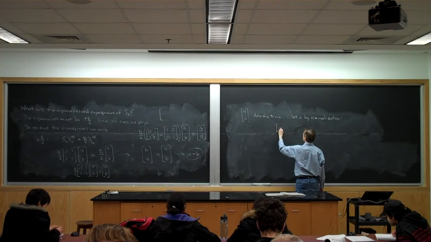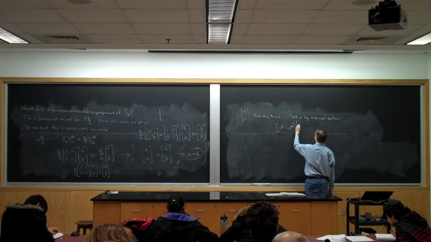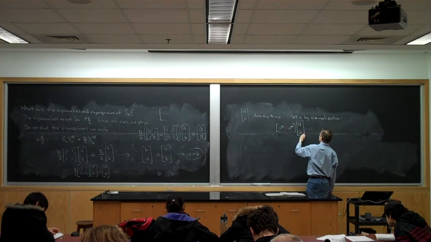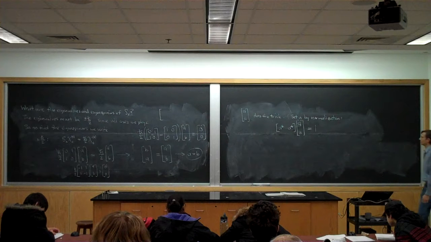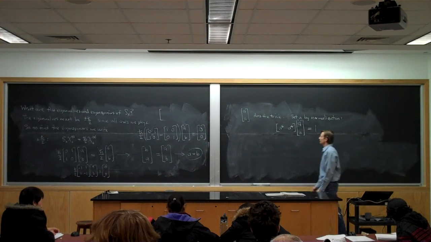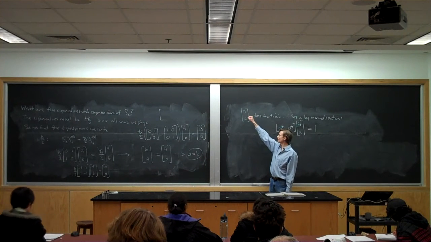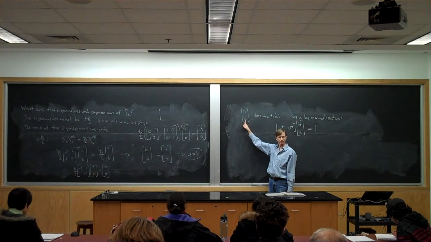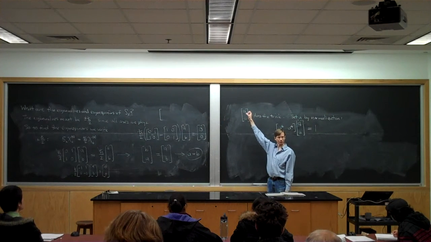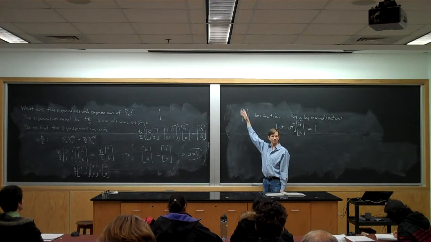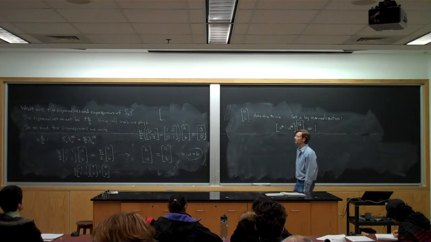So that would say A star as a row... Each component of a spinor, the absolute square of that represents the probability that you will get that particular result from a measurement, the eigenvalue associated with that component.